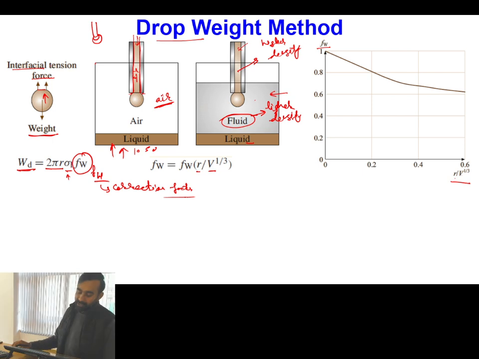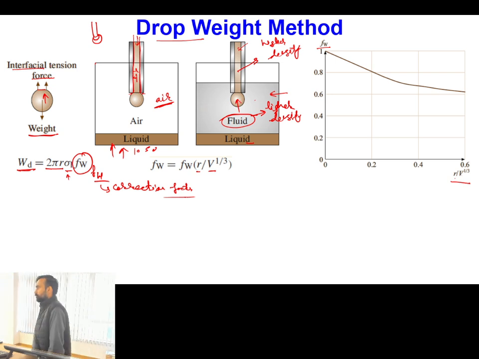So that's why there we can neglect the buoyancy force. But whenever you are considering different fluid combinations which have comparable densities, then we have to also take into account the effect of buoyancy force to correctly measure the interfacial tension. Otherwise, our measurements will be wrong.